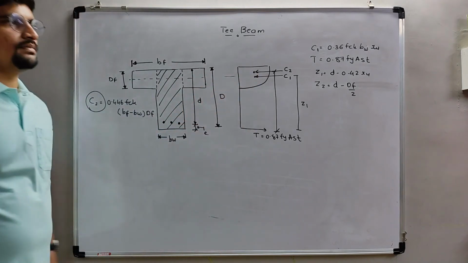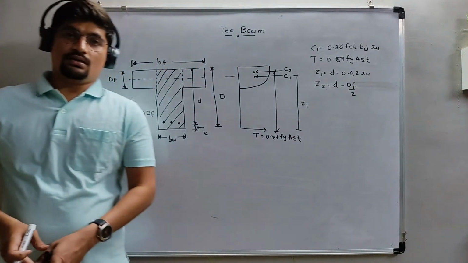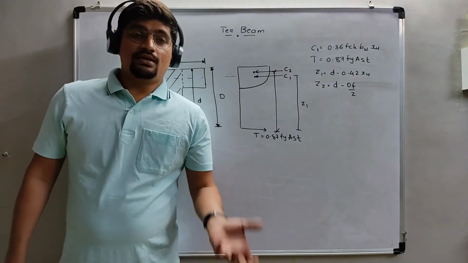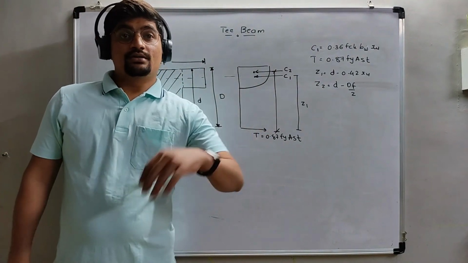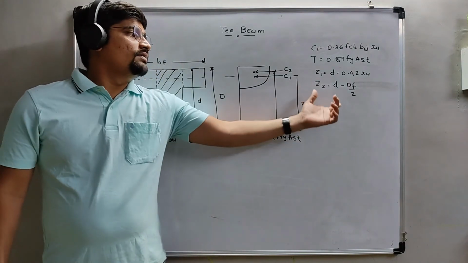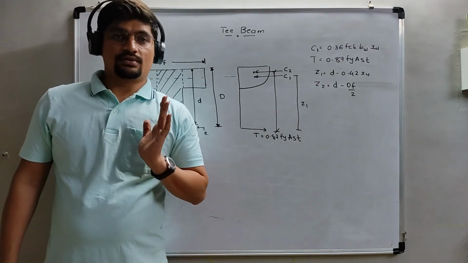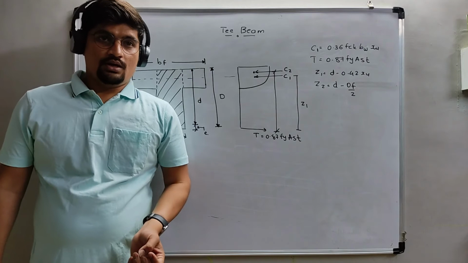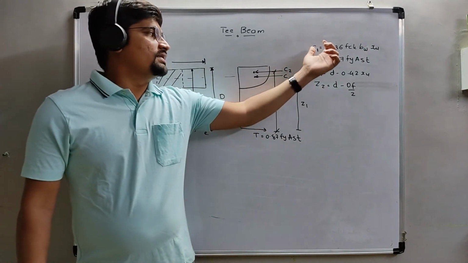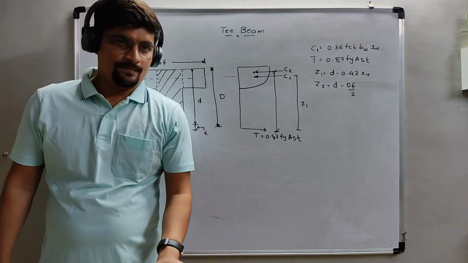So if in some case we need to calculate the T-beam as per the doubly reinforced section, at that time we need to use the theorem of compression equal to tensile force as per the neutral axis. So C1 plus C2 is equal to T.